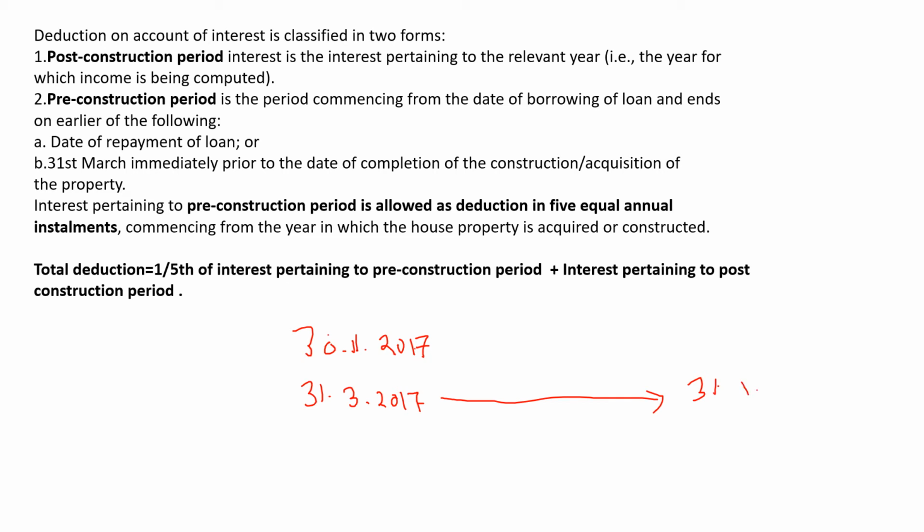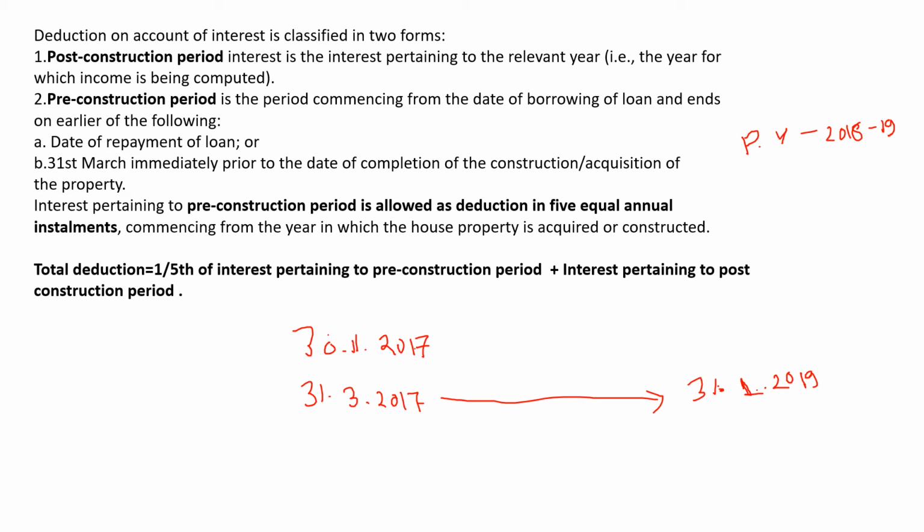And remember, the post-construction interest we will be getting on that year only, for which year I have incurred any interest, where I have paid any interest. And my previous year was 2018-19. So for 18-19, I will be finding out my post-construction period interest.